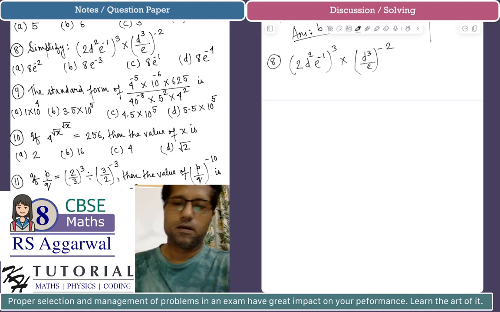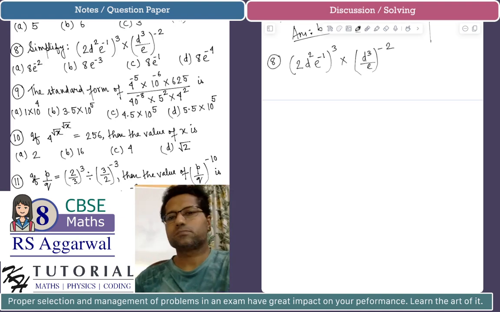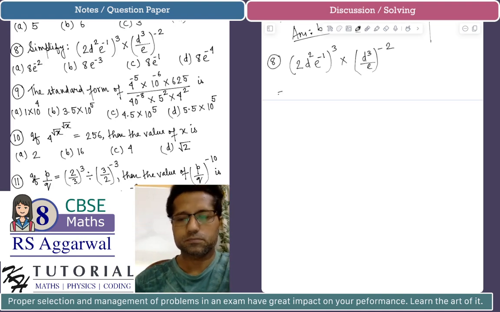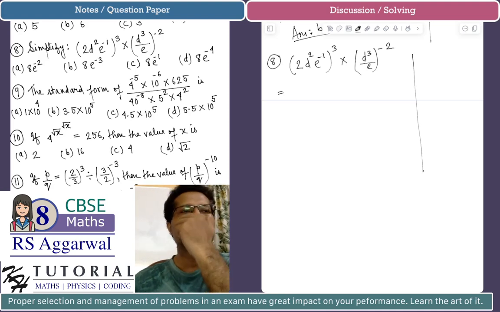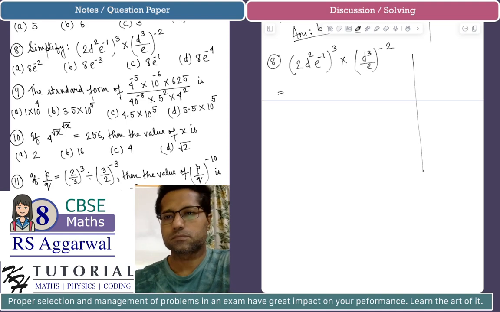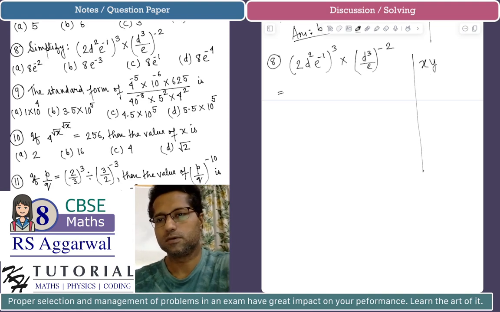Okay, now how do you do this? Now please note that we know this, that if x and y are two non-zero rational numbers, and if their product is raised to the power m, we can split this.